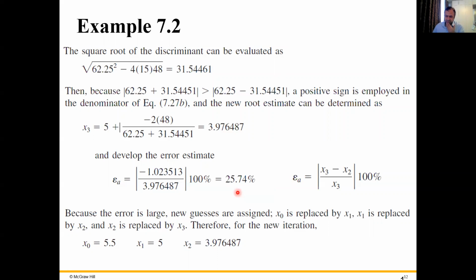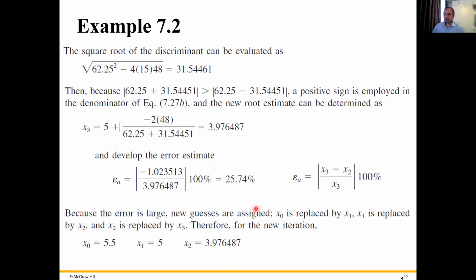Of course, this approximate error is high, so therefore we need to do some more iterations. So how will we perform the next iteration?